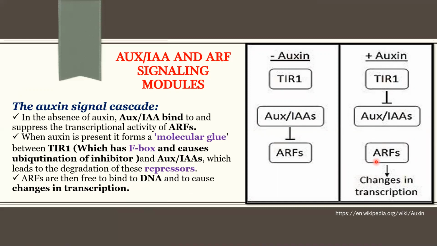And it is important to note that the transcription of TIR and Aux/IAA, which is also a repressor, is also done by the transcription factor. Remember, it also transcribes ARF.